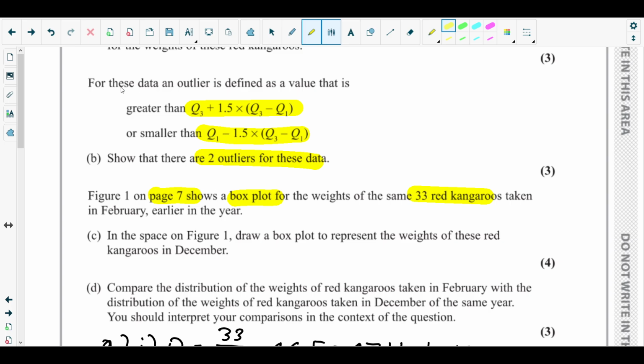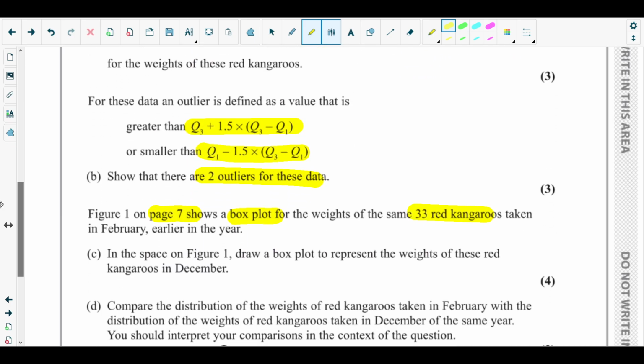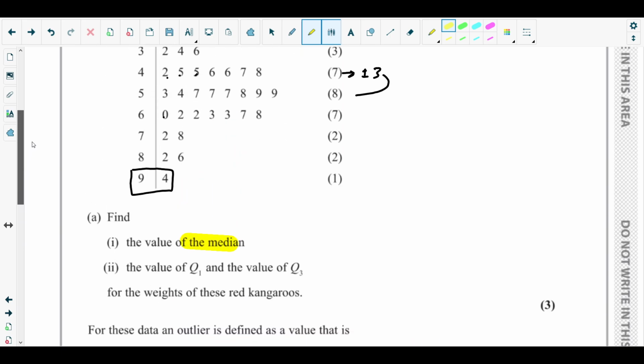Here we are dealing with the weights of these 33 red kangaroos in the month of December. So part C asks to draw a box plot to represent the weights of these red kangaroos in December.